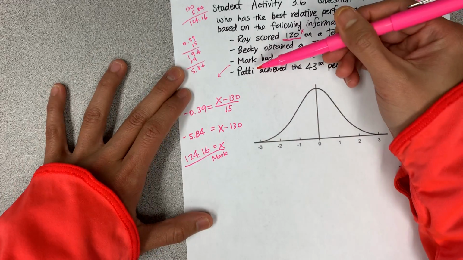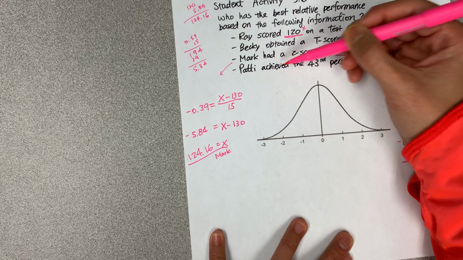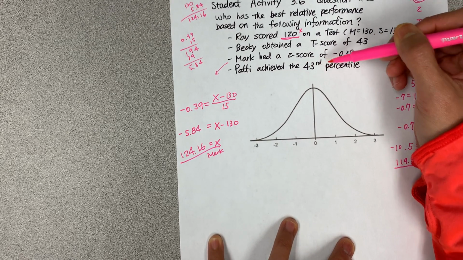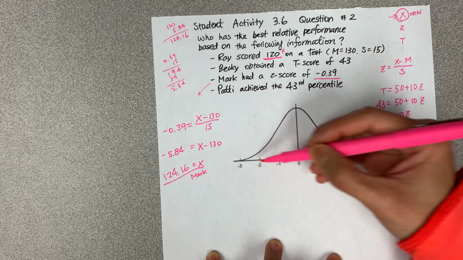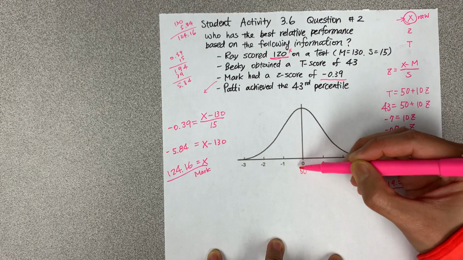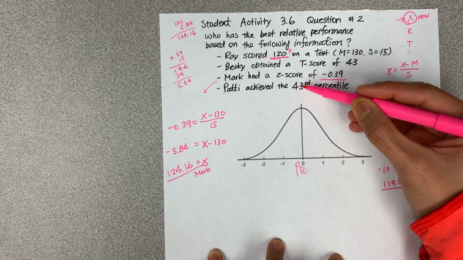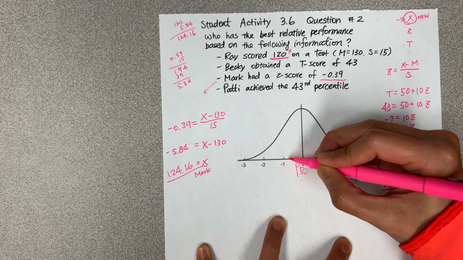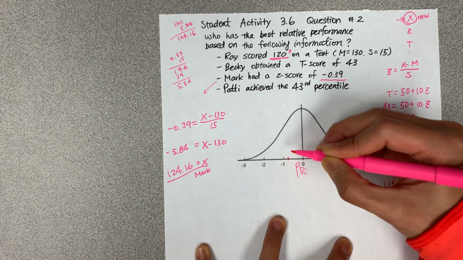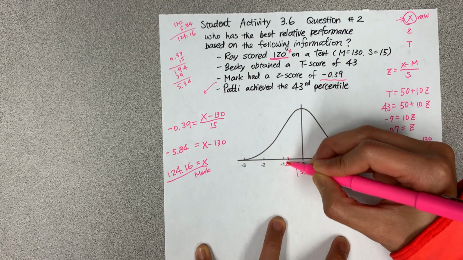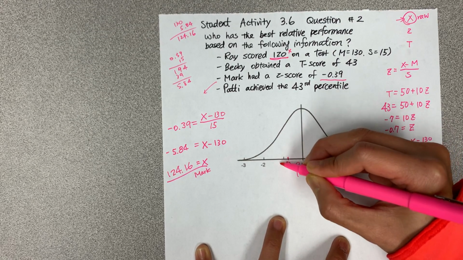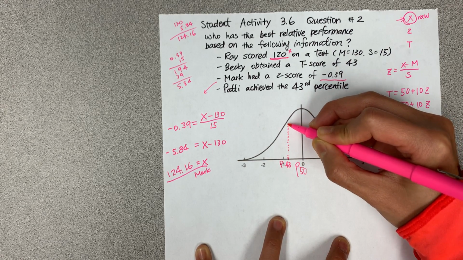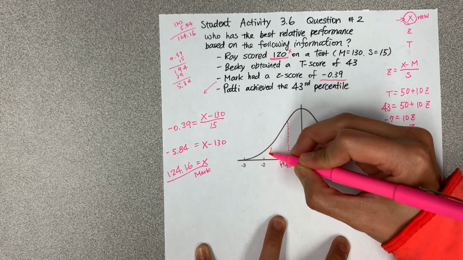So now let's do Patty. Patty had the 43rd percentile. This is the 50th percentile, remember? So I don't know where 43 will be, so I'm just going to mark it right here. Let's say this is the 43rd percentile, meaning this is 43%.